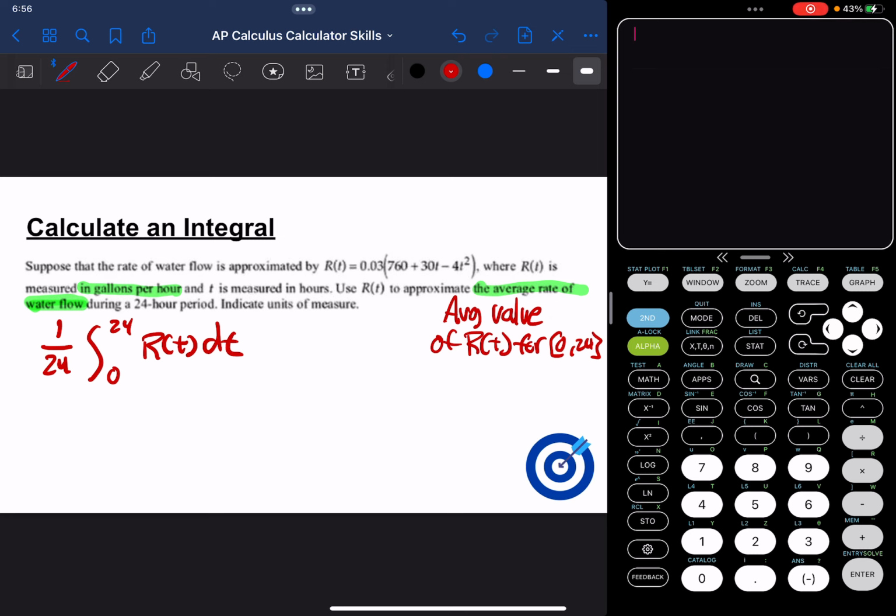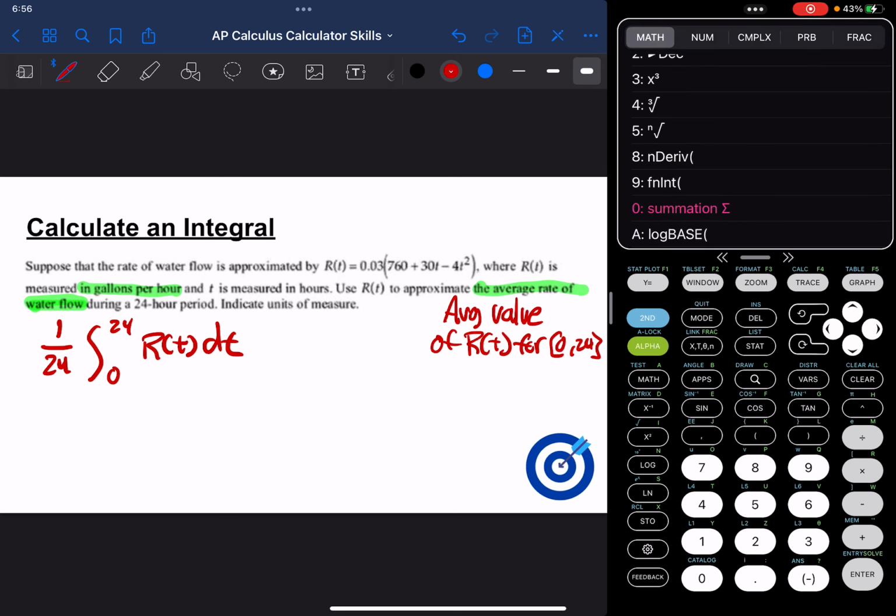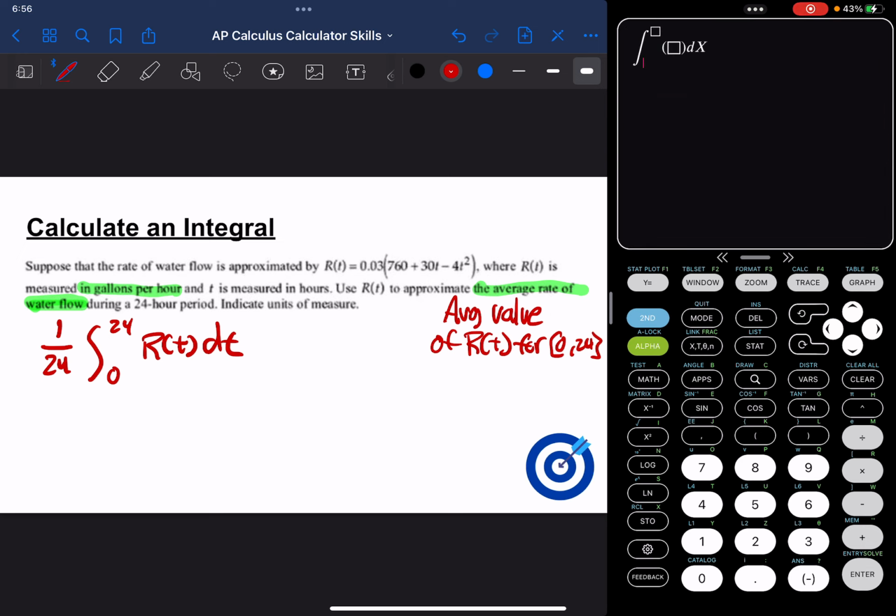Now I'm going to show you two different ways you can compute this integral. So the first way is, well, we always use the same command. We use fnint when we go to the math menu. All right, so I'm going to go 0, and arrow up to 24. Now I have to put this in terms of x, so 0.03, and then parentheses 760 plus 30x minus 4x squared.